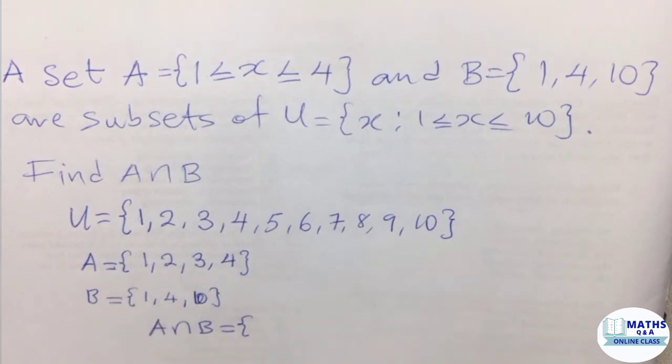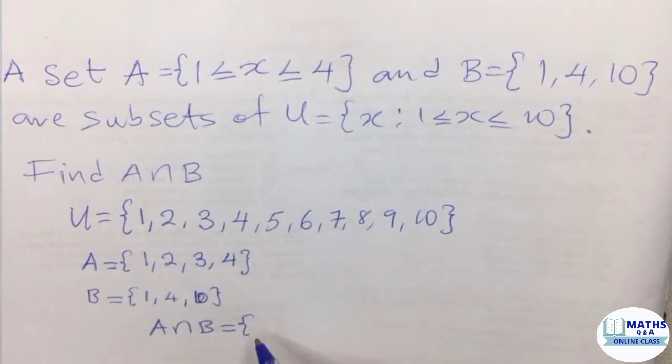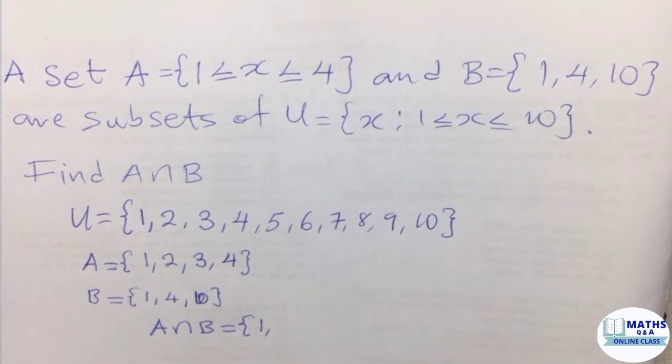From the list that we have, we can see that 1 is common to both the sets A and B, so it will form part of the intersection of A and B.